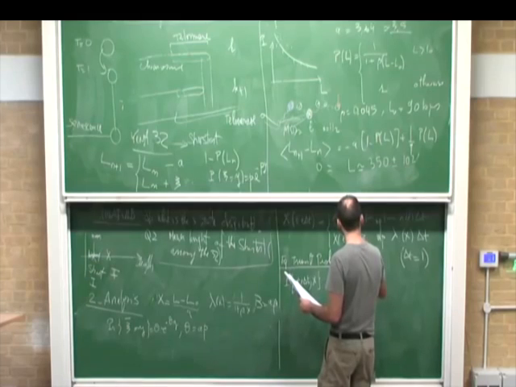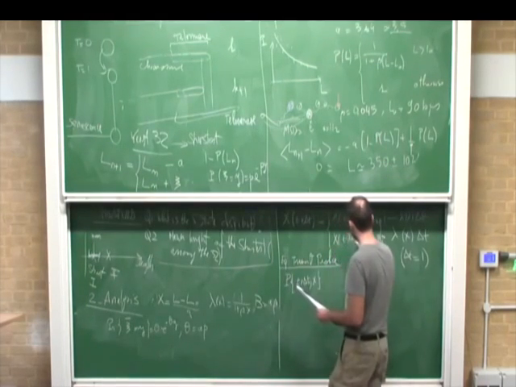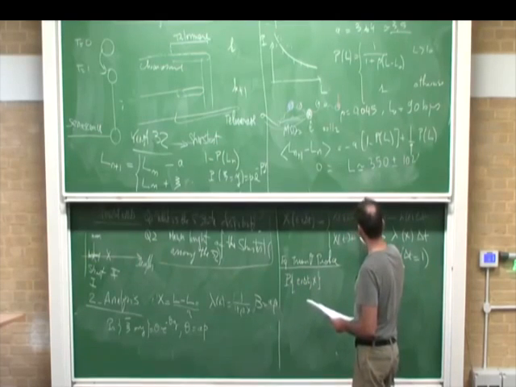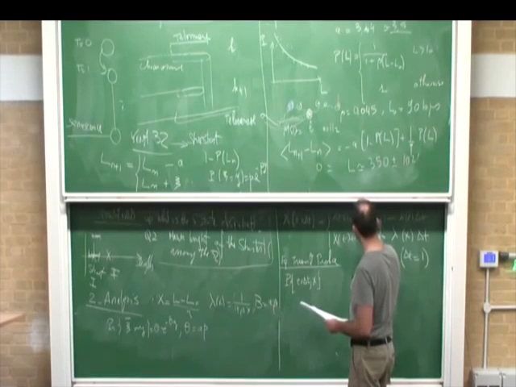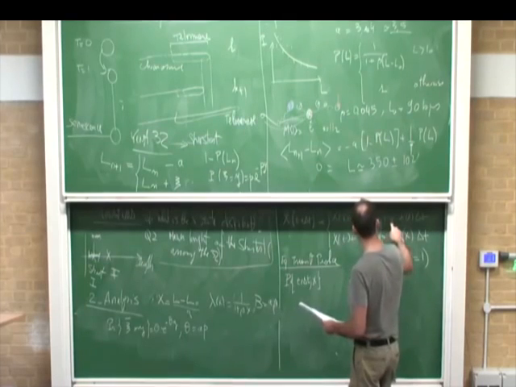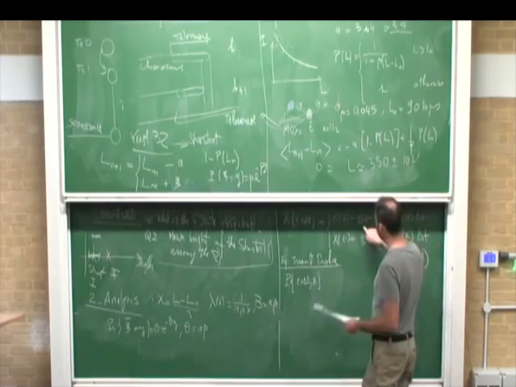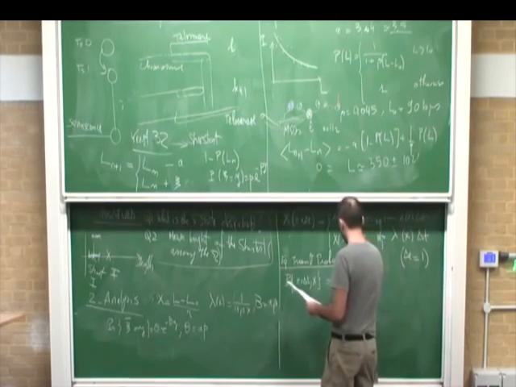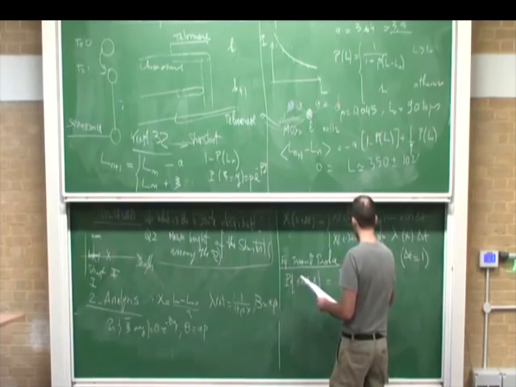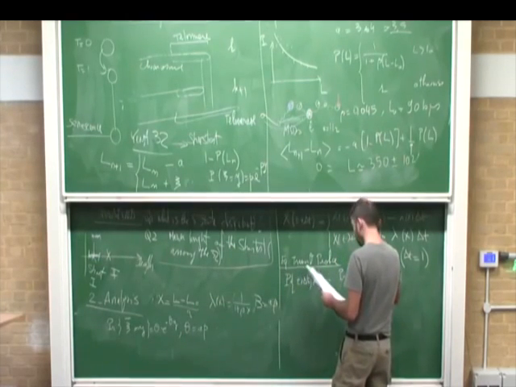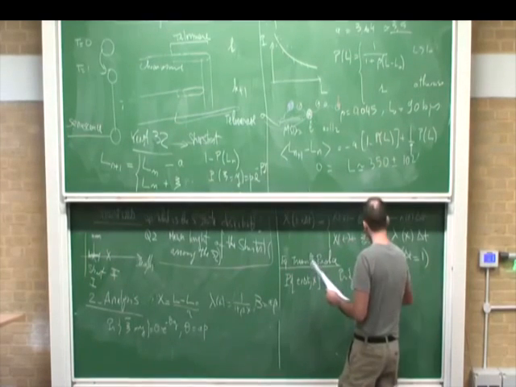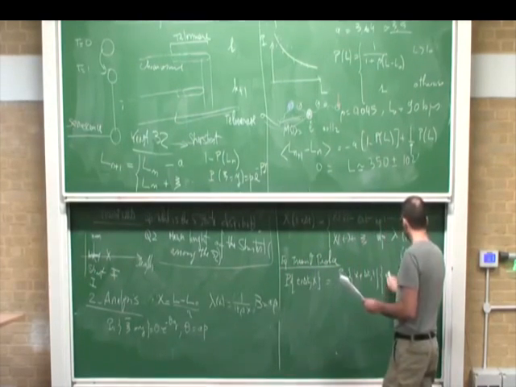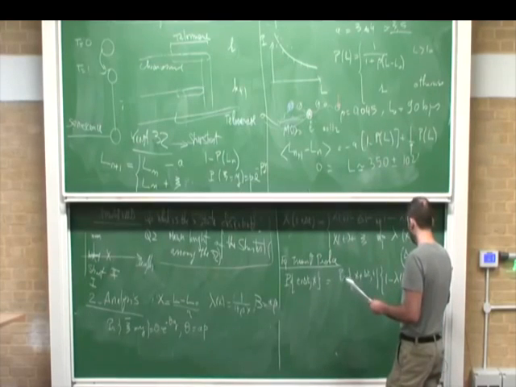Either you started at a length x plus delta t, and with a probability lambda x delta t you increased. So we started with a probability of having x plus delta t at time t, and with this probability you made your transition.